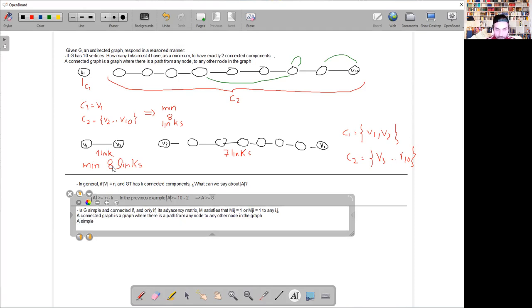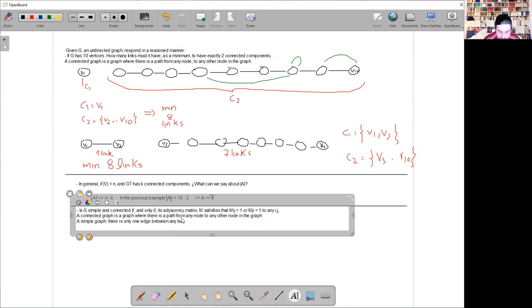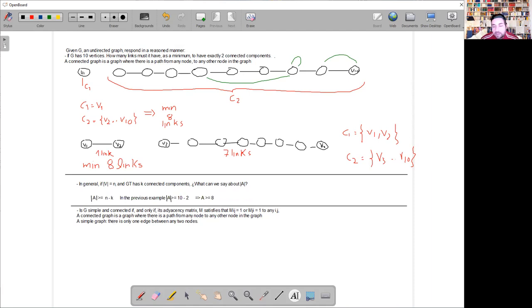A simple graph is when there is only one edge between any two nodes. So we can see it in the example, right, that we have here.